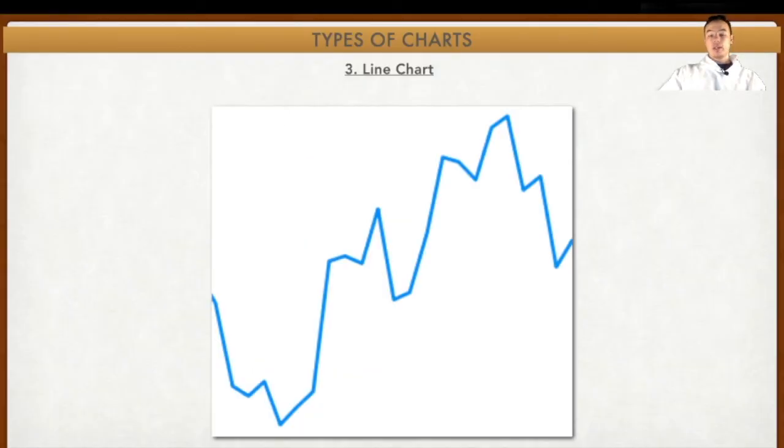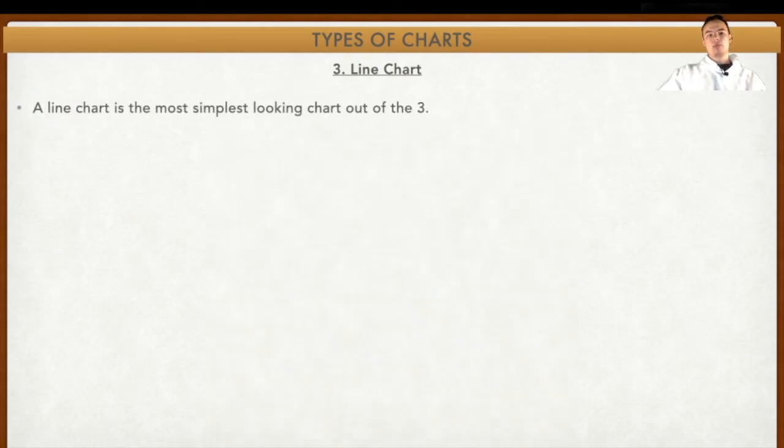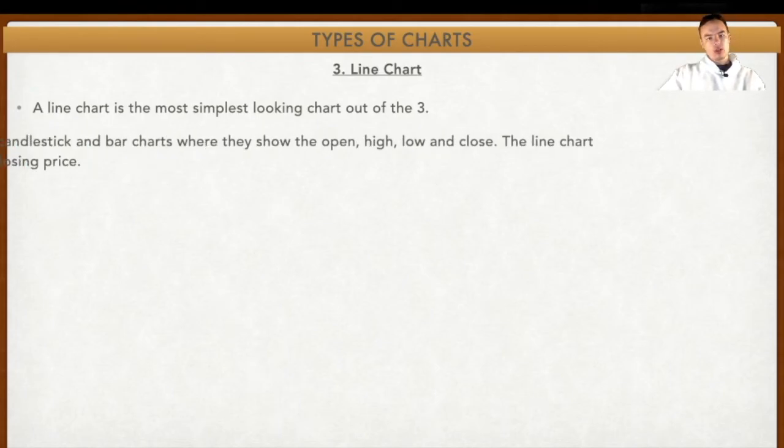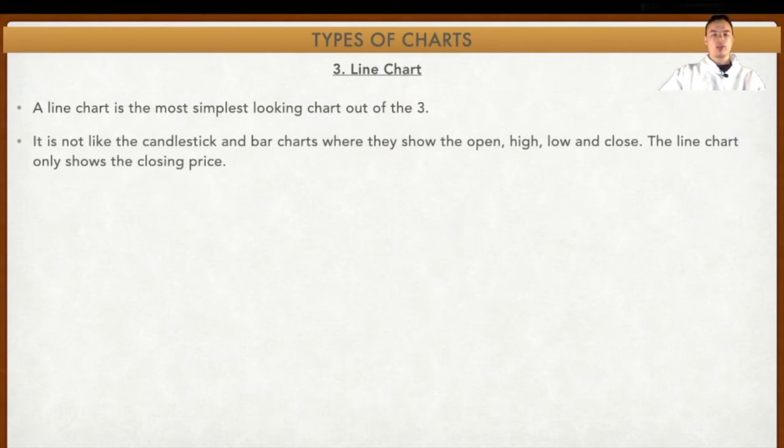Alright, next one and final one is the line chart. Now, your line chart looks the most simple, okay? However, it only shows you the closing of price. Doesn't show you the open, doesn't show you the high, doesn't show you the low, right? Only the closing.